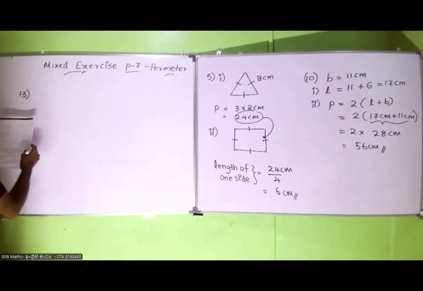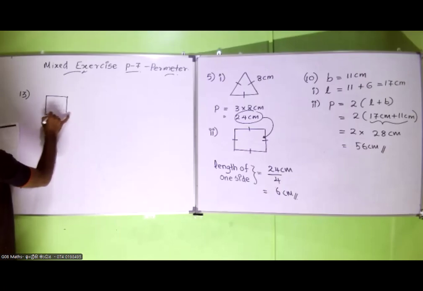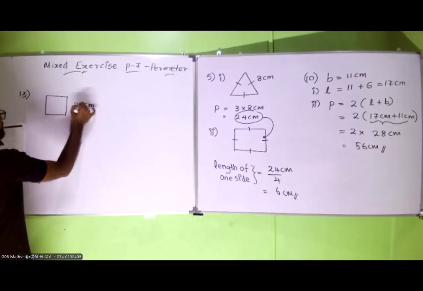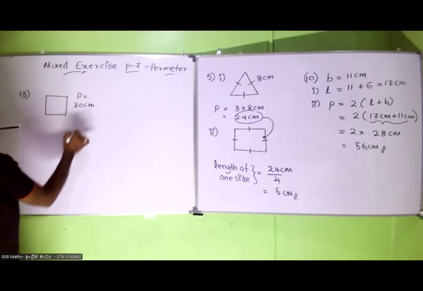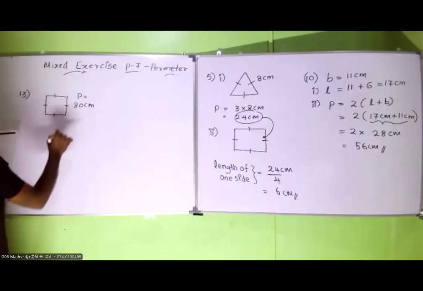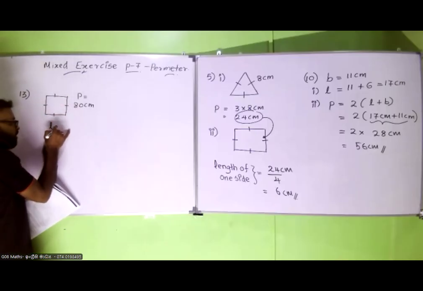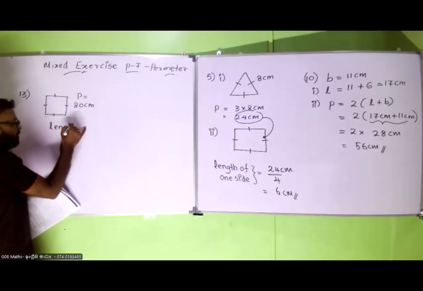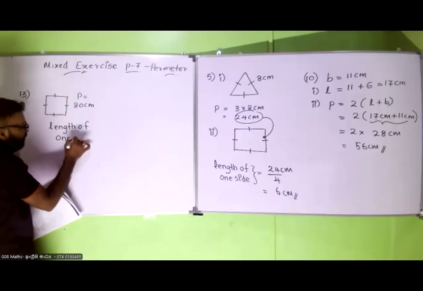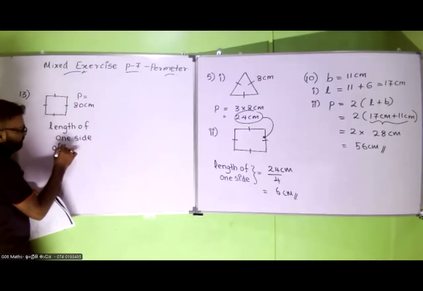The perimeter of a square shaped wall tile is 80 centimeters. So this is what I explained earlier. 80 centimeters is the perimeter for this one. So we can find the length of one side of the tile.